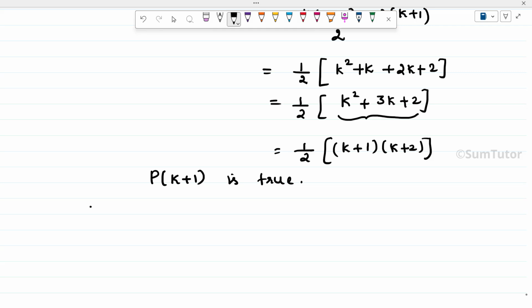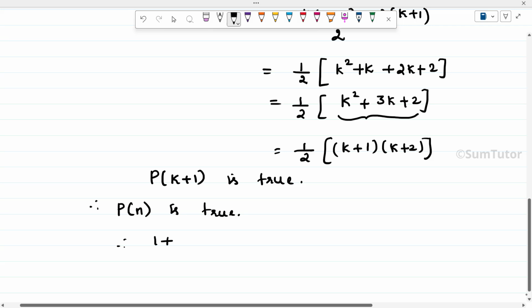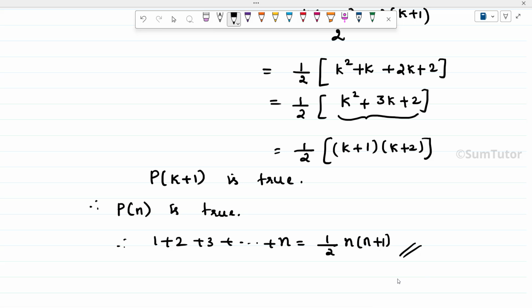In general we can state that the given statement is true for n. Therefore P(n) is true. Therefore the given statement 1 + 2 + 3 + ... + n = 1/2 × n(n+1) is proved. This is the way we prove it by using the principle of mathematical induction. Thank you.